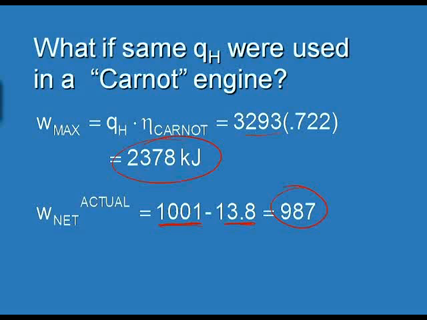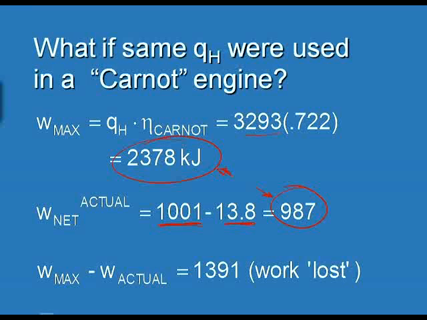In a Carnot engine, we would have gotten 2378 from this heat. In our actual engine, we got 987 kilojoules. The difference, the work that we might have gotten minus the work that we actually got, 1391, was the work lost. So 1391 is the difference from what we might have gotten with a perfect Carnot engine to what we actually got.